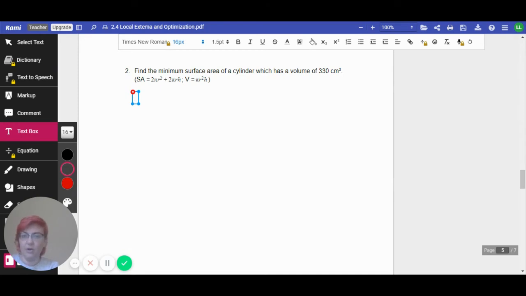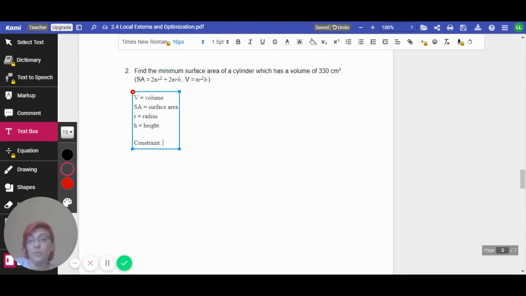My variables are V is my volume, SA is my surface area, R is my radius, and H is the height of that cylinder. Let's talk constraint. My constraint here is that my volume must be 330 cubic centimeters.